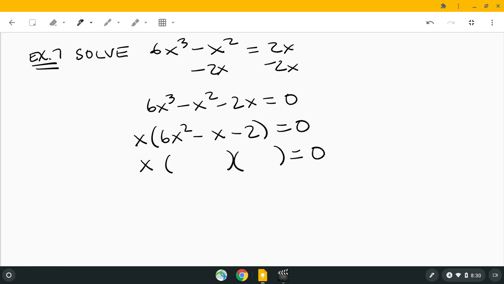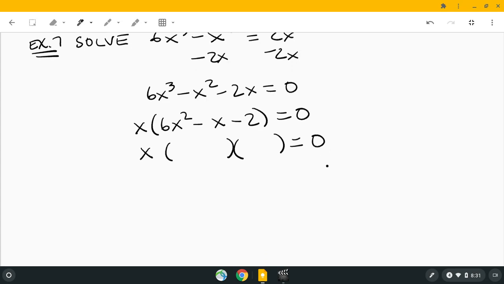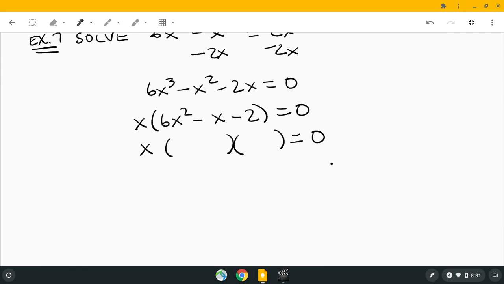Okay. All right, so let's try 6. This one might take a while. Okay. And then different signs to make negative 2. And then negative 2.